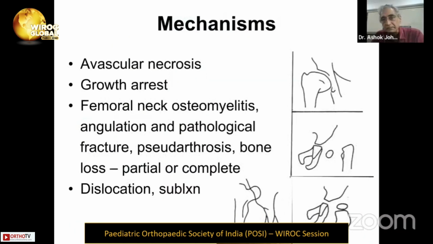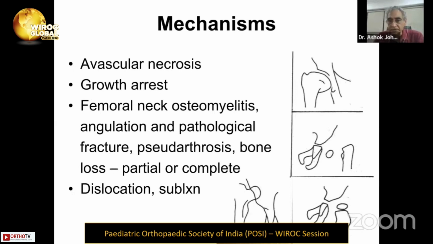So the mechanism by which sequelae work, of course, is avascular necrosis, loss of the blood supply to the capital femoral epiphysis, then growth arrest, again because of infection and the sequelae of infection. Femoral neck osteomyelitis, that's a local involvement of the femoral neck, giving rise to angulation and pathological fracture.